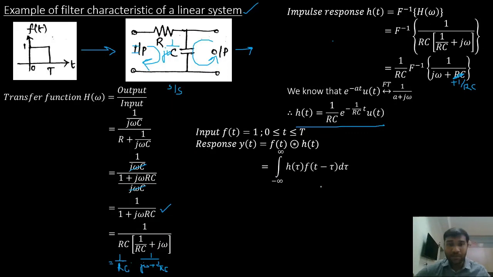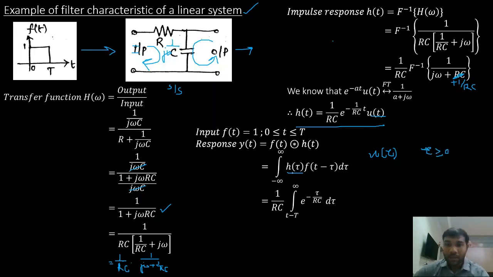So this is the formula for convolution. Now in place of h of tau, I'm going to substitute 1 by RC e power minus tau by RC into u of tau, and in place of f of t minus tau, I'm going to substitute 1. Now h of tau has u of tau, which is defined only for tau greater than or equal to 0.